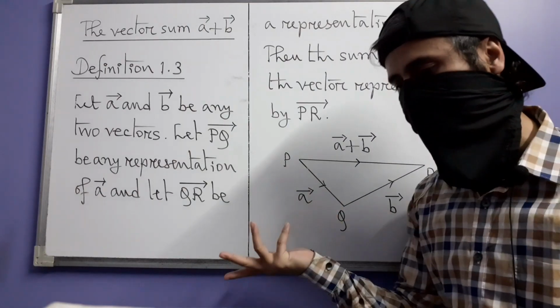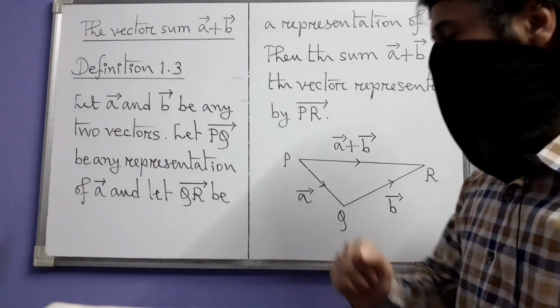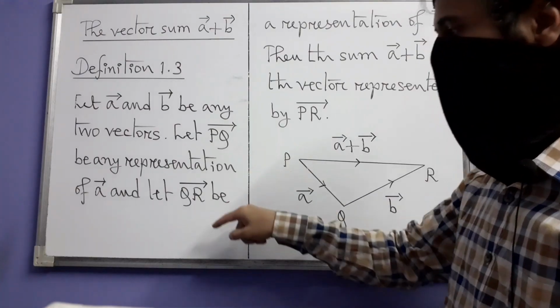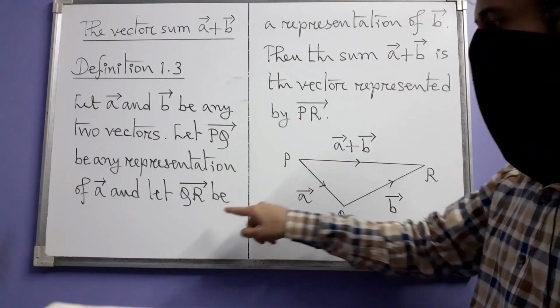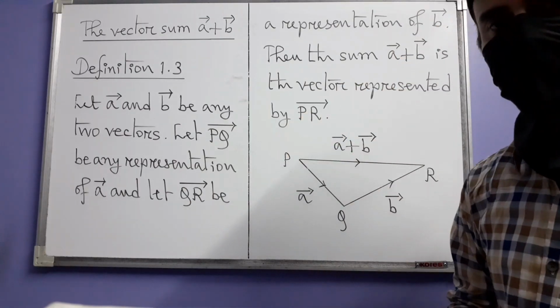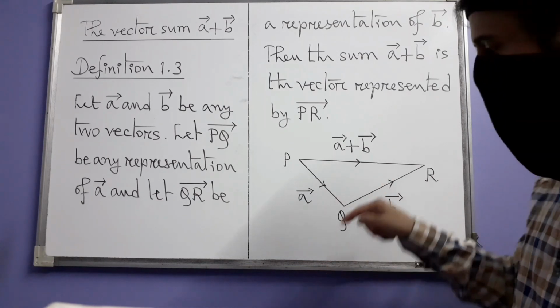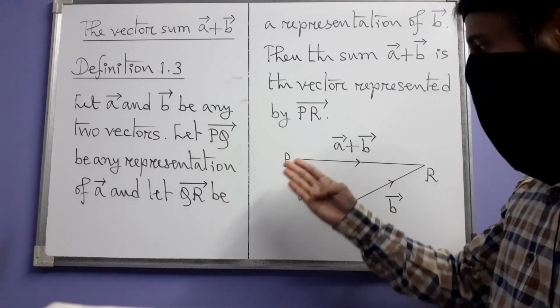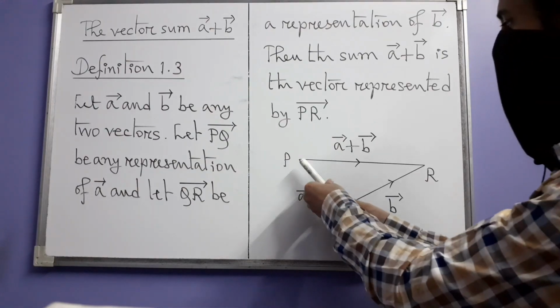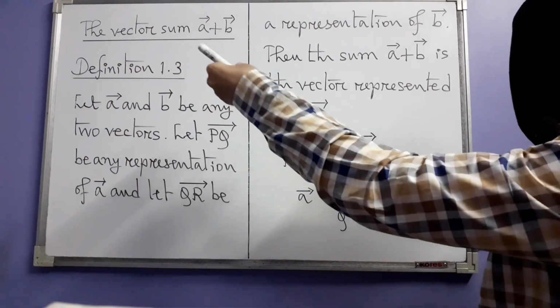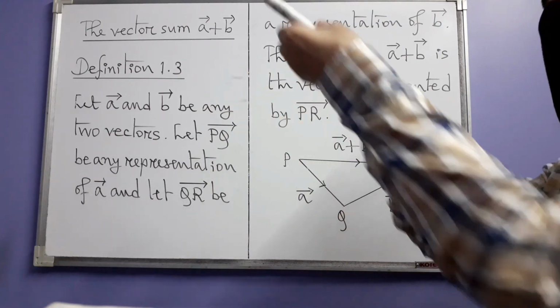The question is this: how do you know that there will exist a representation of B which starts with Q, given that this Q is just some point and this Q actually depends on your choice of PQ? Instead of choosing precisely this PQ, you can choose this PQ or this PQ, this one.